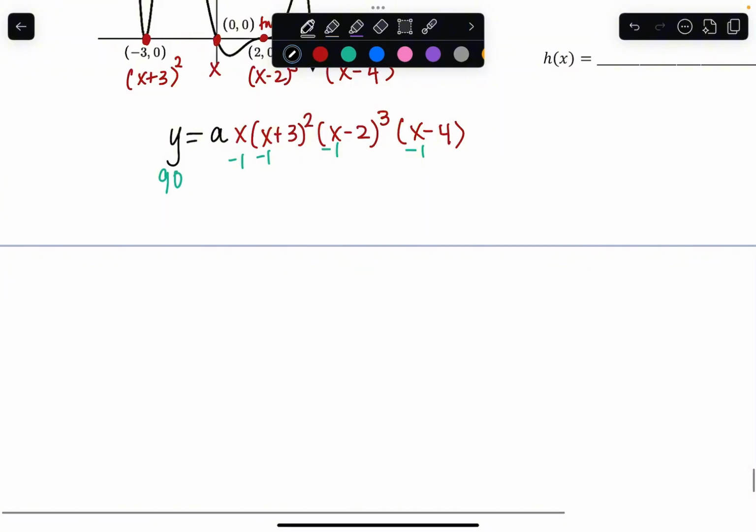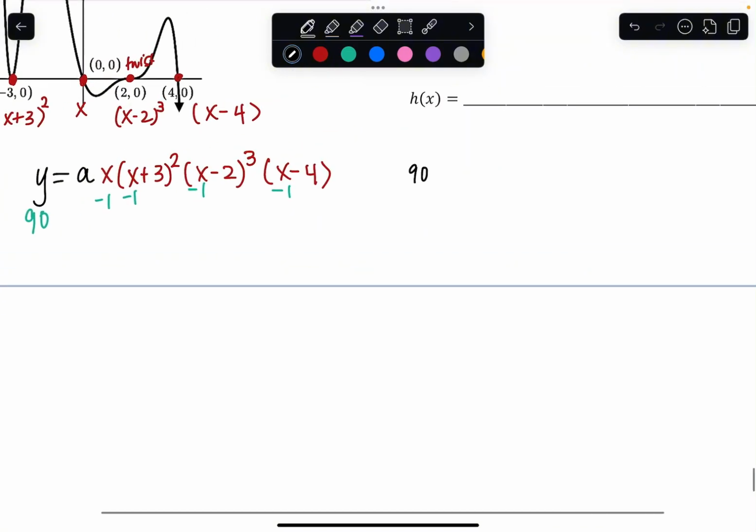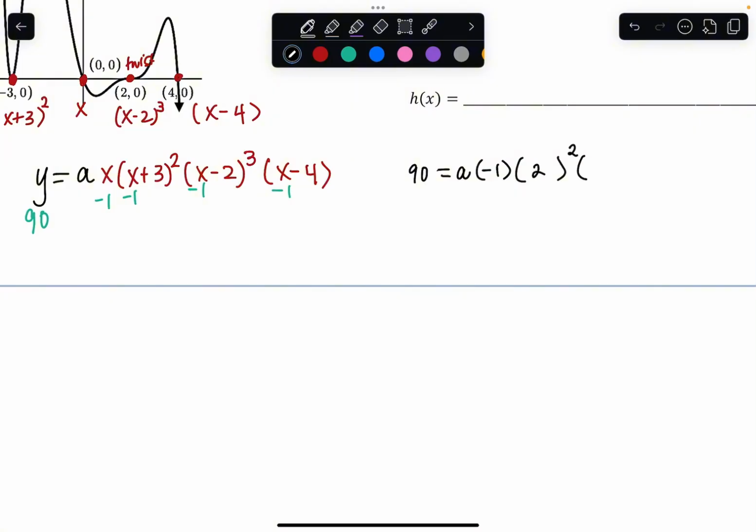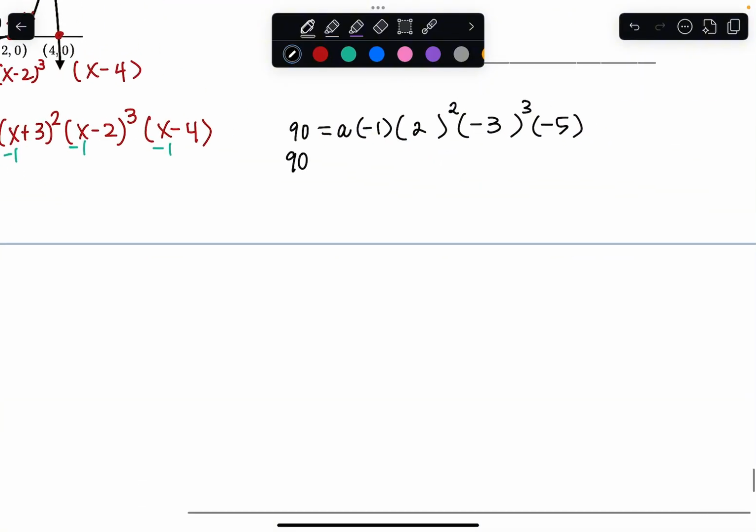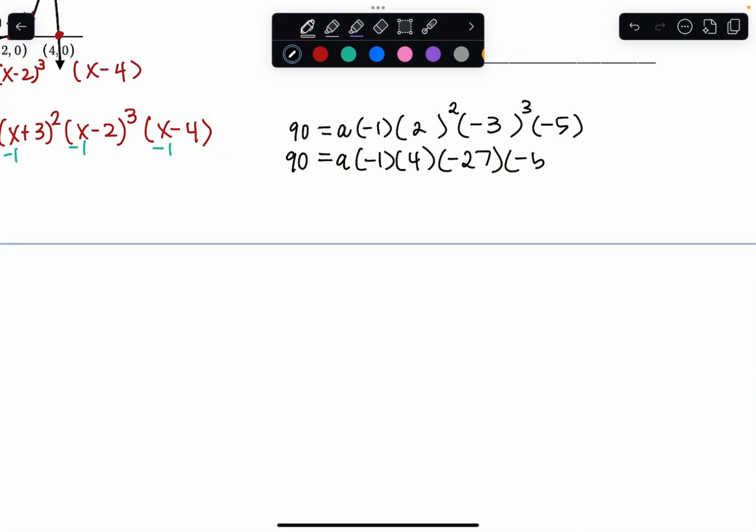Okay, and so that gives me the equation 90 equals a, which is our unknown, times -1. -1 plus 3 is 2, and we're going to have to square that. -1 minus 2 is -3, and we're going to have to cube that. And then -1 minus 4 is -5. Okay, and so that gives me -1 times 4 times -27 times -5.